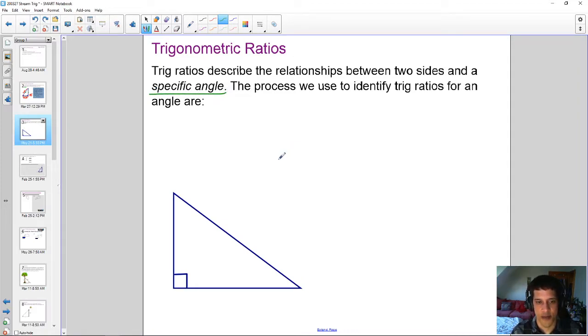So the first step is we want to identify our angle. We have to always identify the angle that we're talking about. So I'm going to go ahead and just mark one of these angles with theta. Let's mark this one with theta, okay? So there's our angle, okay?